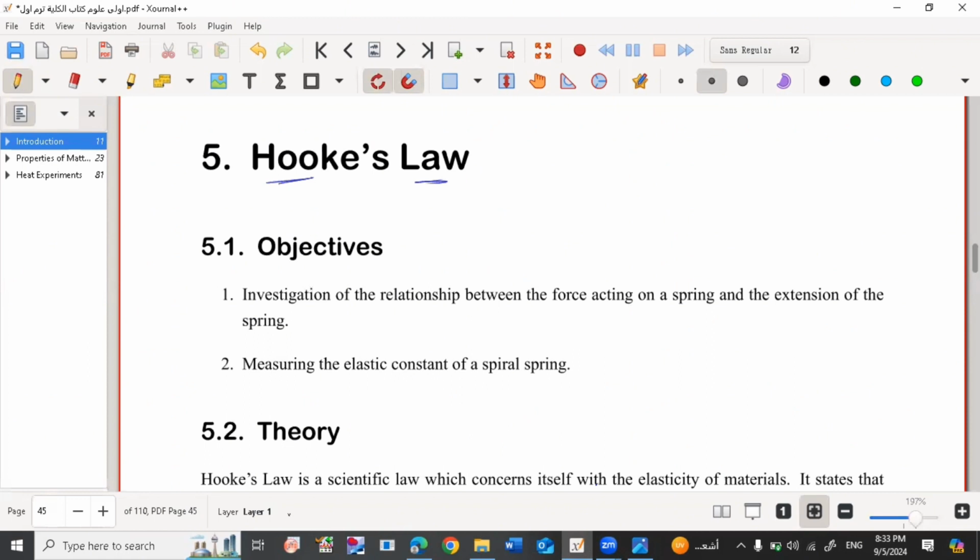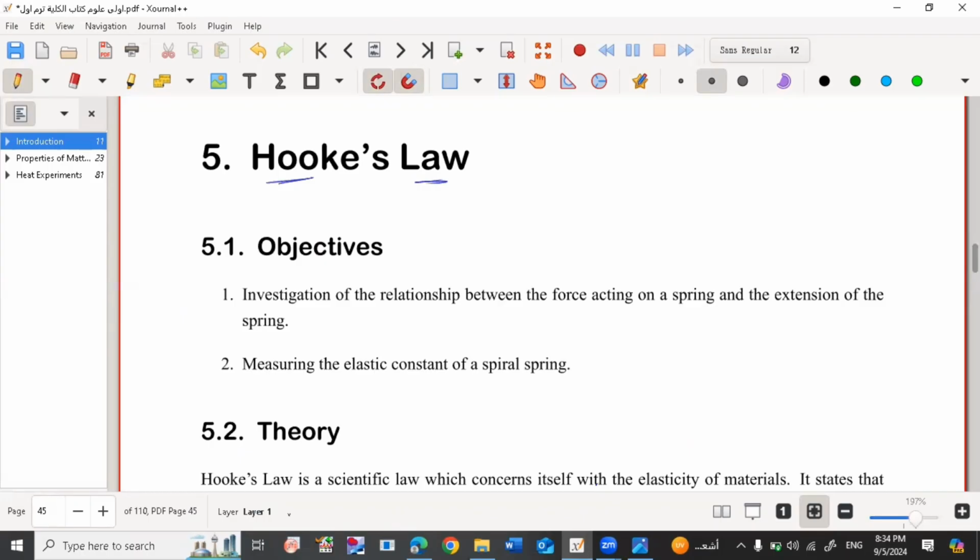We need to know, if we act by an external force on an object, if it will be permanently or temporarily deformed, or if it will not be affected by this external force.